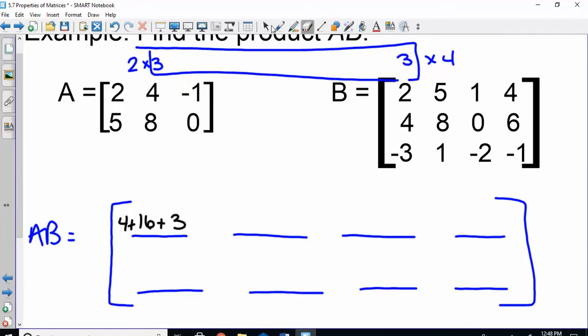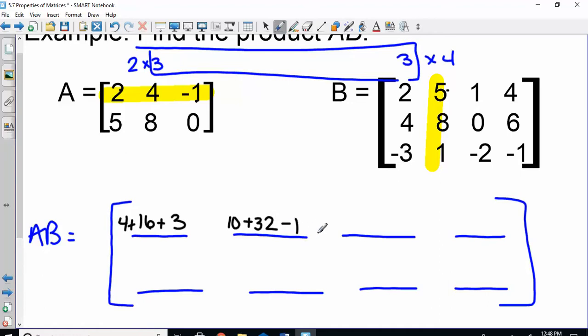Next. This entry right here, this is row 1, column 2. So to find it, you have to take row 1 times column 2. So multiply the first numbers. 2 times 5 is 10. Second numbers, 4 times 8 is 32.